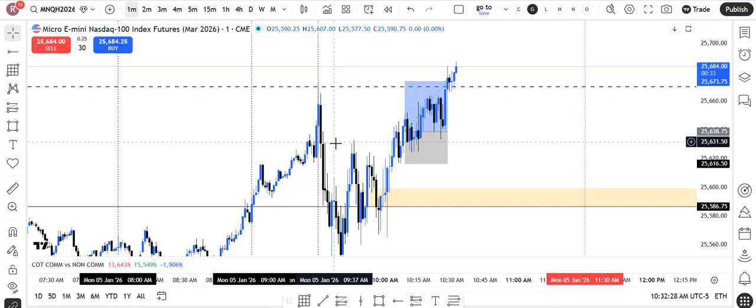And I say day in and day out, but you don't need to take a trade every day also. Like, my morning session is done. And depending on what I see going into the lunch hour or leading up to 1:30, which is the start of PM session for me, that's going to determine whether I even take a trade or not.